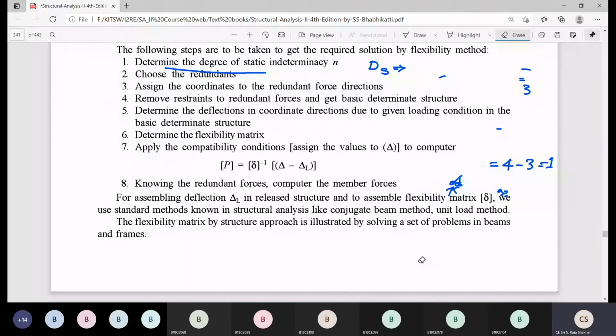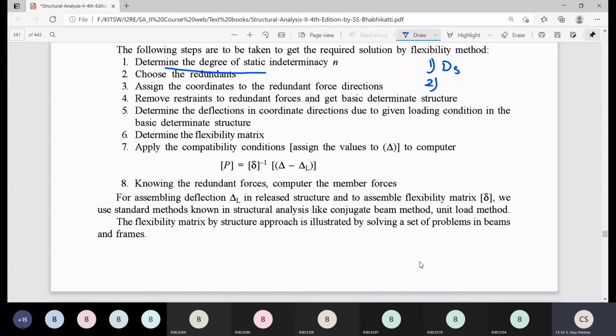In the next step, if static indeterminacy is there, that means it is an indeterminate structure. We need to convert that indeterminate structure into a determinate structure by releasing some redundant forces. So first step, calculate the degree of static indeterminacy.